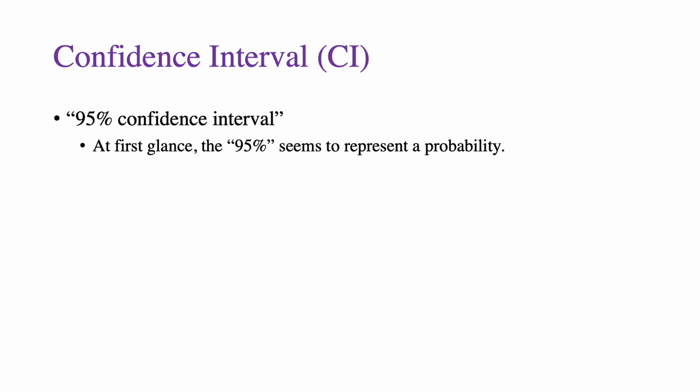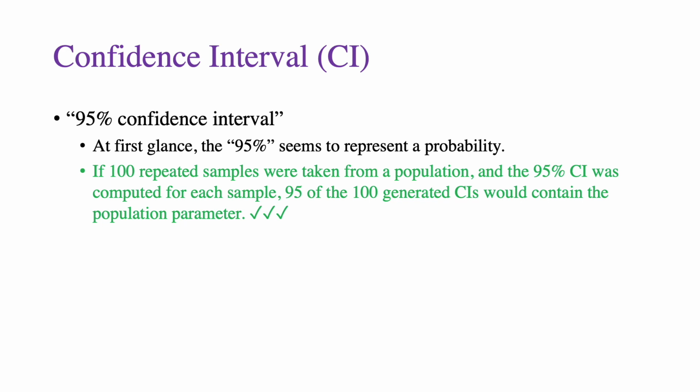Now, we need to clear certain misconceptions regarding the confidence interval. Again, we have here the 95% confidence interval, the default for medical research. At first glance, the 95% seems to represent a probability. That's actually wrong. The more accurate way to describe it is this: let's say you have a population and you draw a sample randomly.